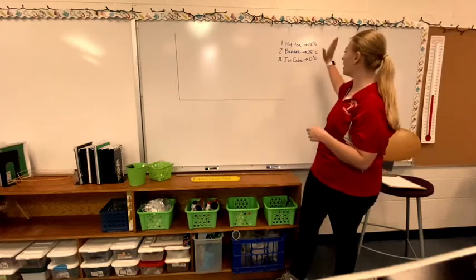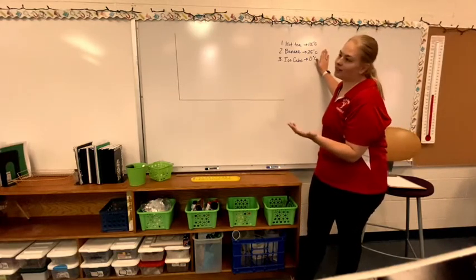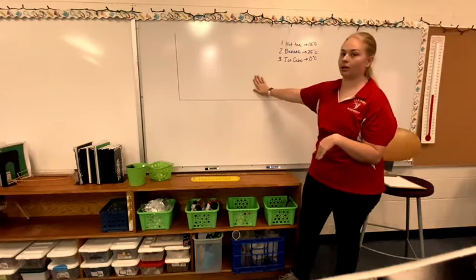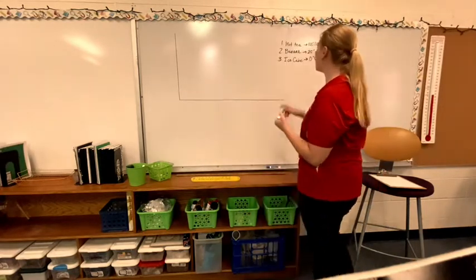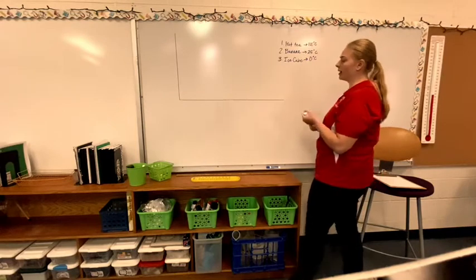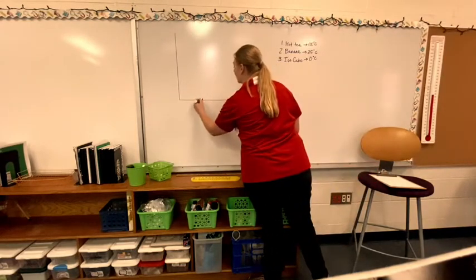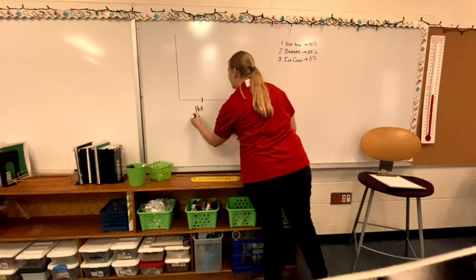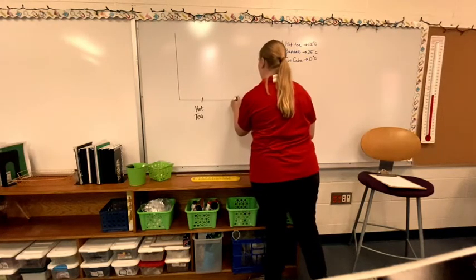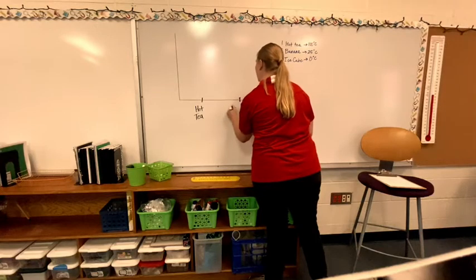Okay, we've got our numbers, but if you don't want to look at numbers, you can look at a bar graph. On the bottom, you want to label your items, okay? So right here is hot tea. Here, we'll do our banana.